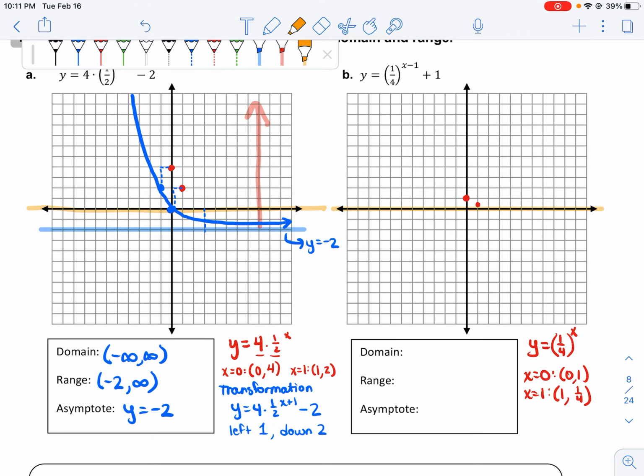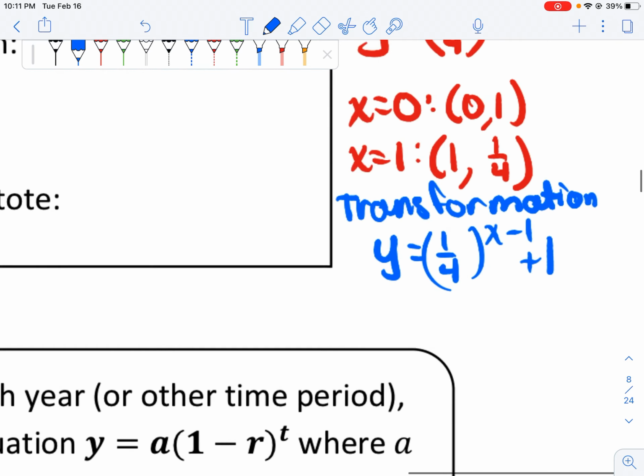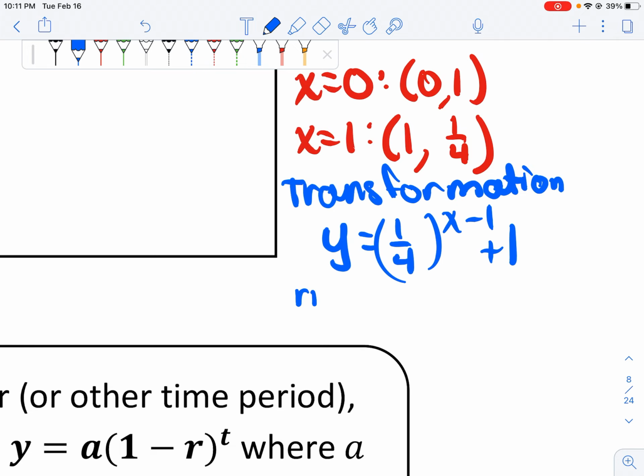So then our transformation: it was y equals 1/4 to the x minus 1, plus 1. The minus 1 up in the exponent means we go right 1, and then we're going to go up 1.